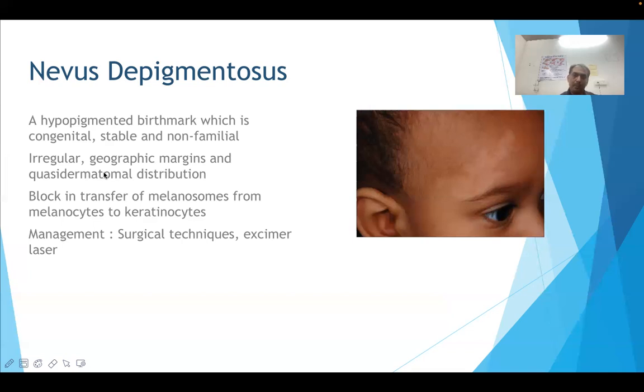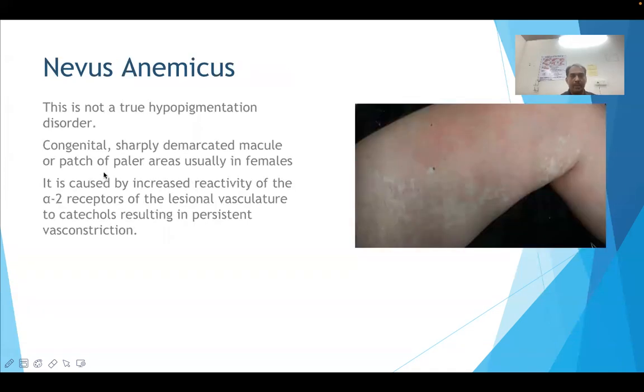The margins of nevus depigmentosus are serrated, whereas in vitiligo, we see that the margins are scalloped. The reason for developing a nevus depigmentosus is a block in transfer of melanosomes from melanocytes to the keratinocytes. The management rests on surgical techniques and excimer laser.